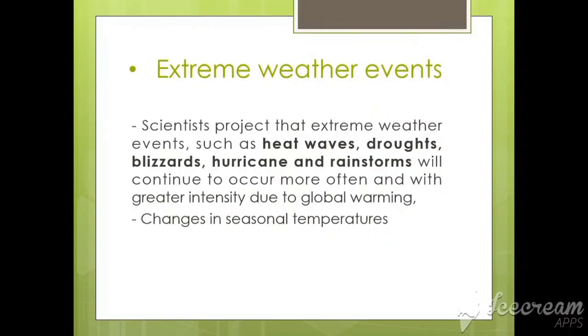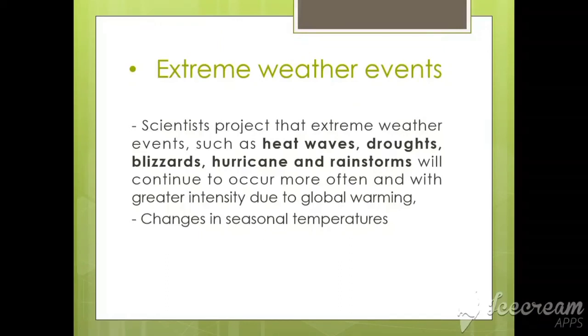Extreme weather events. Scientists project that extreme weather events such as heat waves, droughts, Arctic blizzards, hurricanes, and rainstorms will continue to occur more often with greater intensity due to global warming. So the heat waves, droughts, blizzards, hurricanes, and rainstorms will get stronger due to global warming.